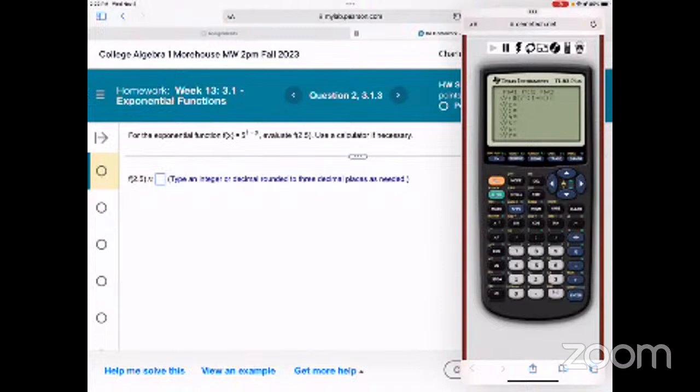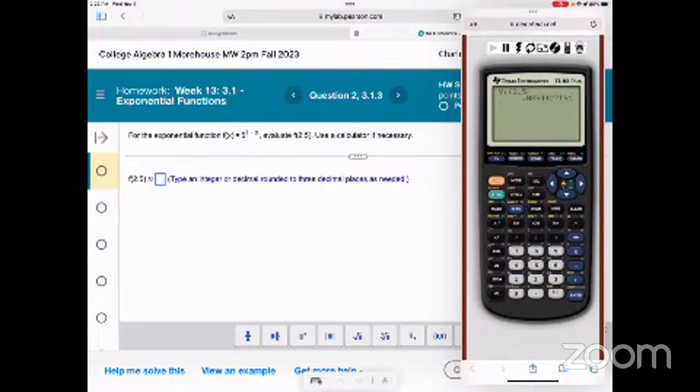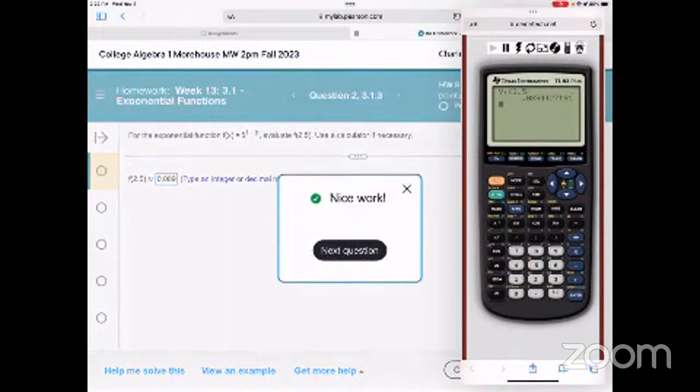I'm not really sure what those are. I'd have to find them. So we're going to go to variables. We want to call in the function we just typed in. We want to evaluate this when x is 2.5. And it says round to 3 decimal places, 0.089, because after the 9 is a 4, so the 9 stays as is.